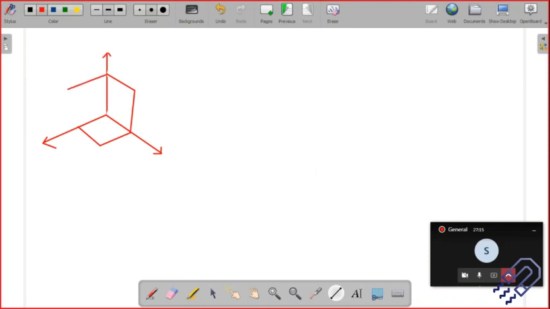Something which is parallel, let's say. This will help me get a clear picture. Maybe something like this. So I have drawn the axes, and then I have drawn a cube here.